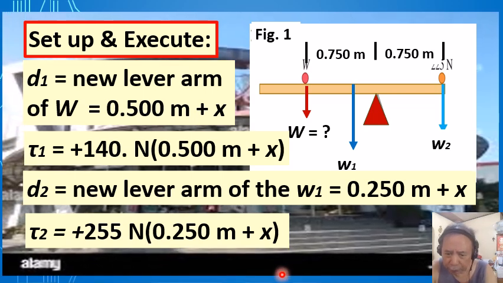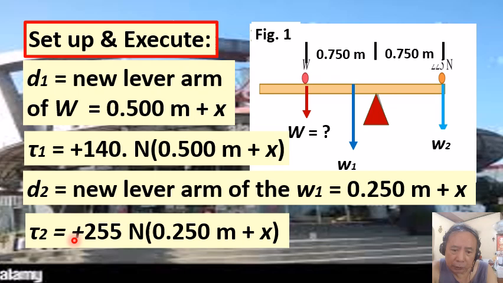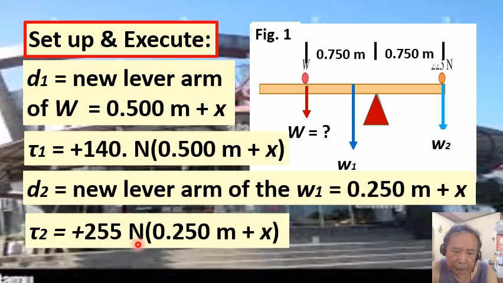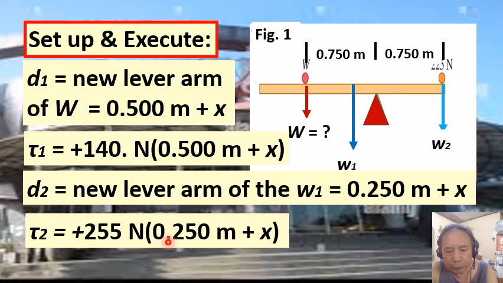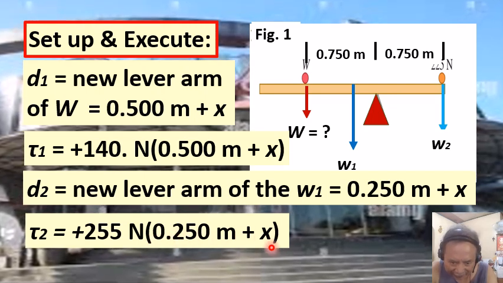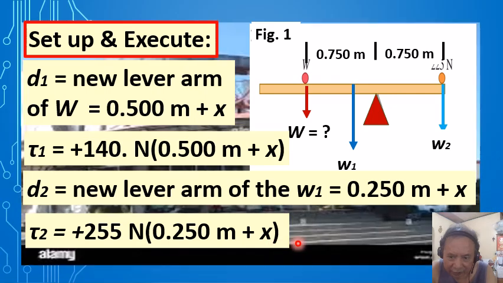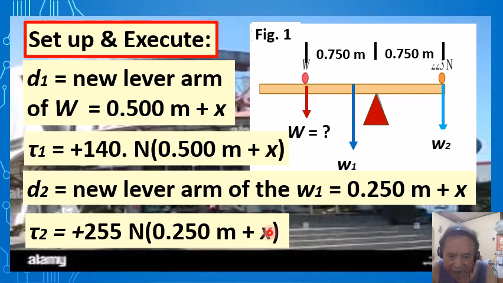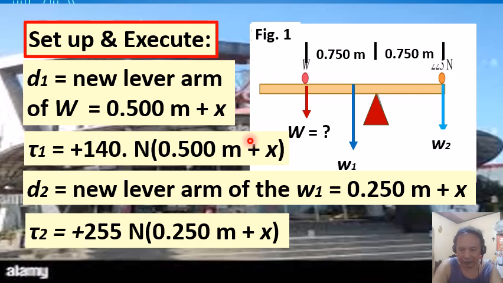Its corresponding torque, therefore, torque number 2, is equal to positive 255 newtons multiplied by the new lever arm, 0.250 meter plus x. It's positive because just like torque number 1, it has the tendency to make the rod rotate counterclockwise.